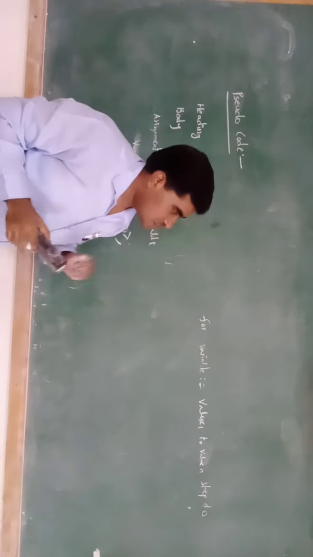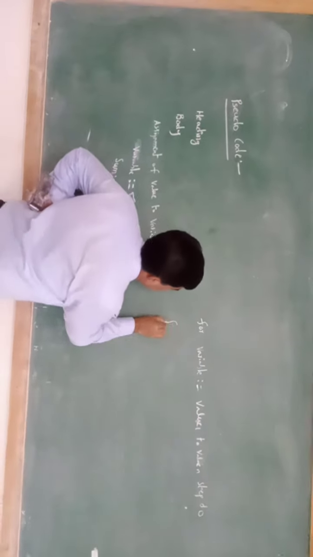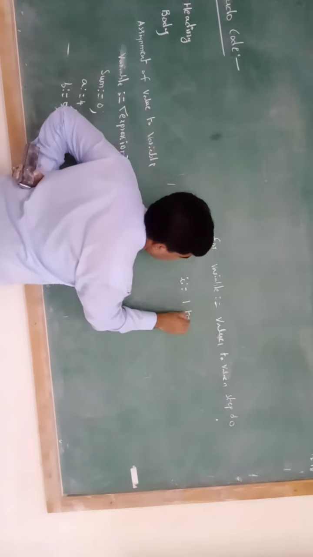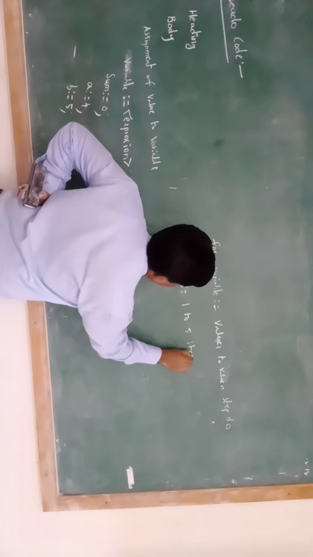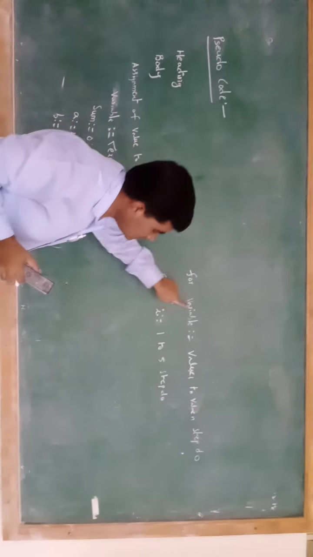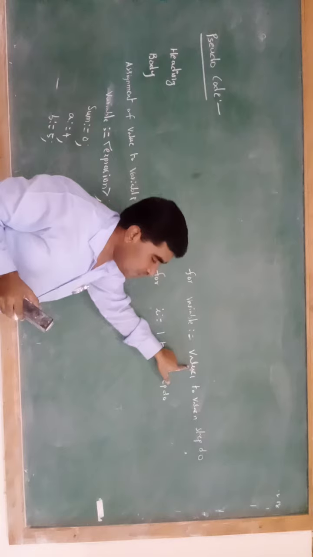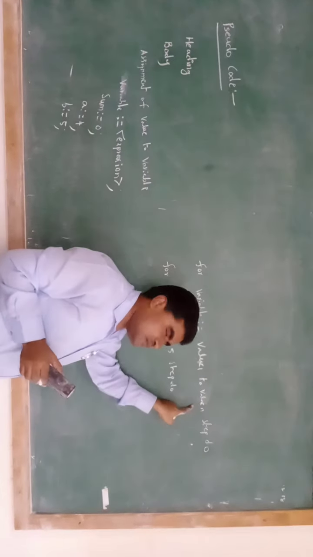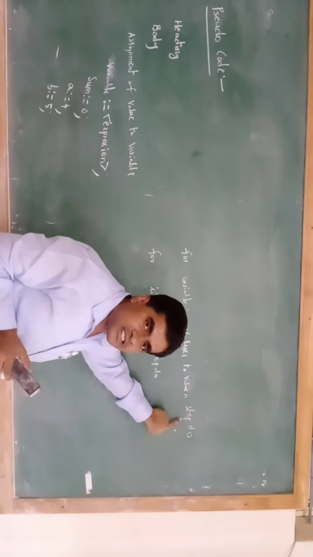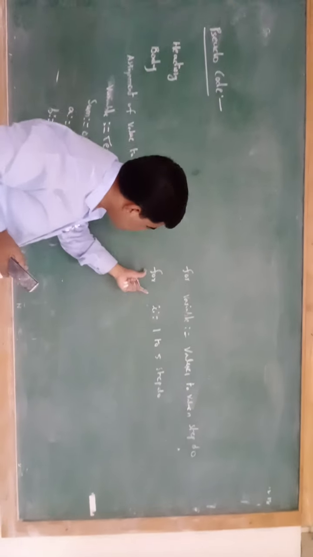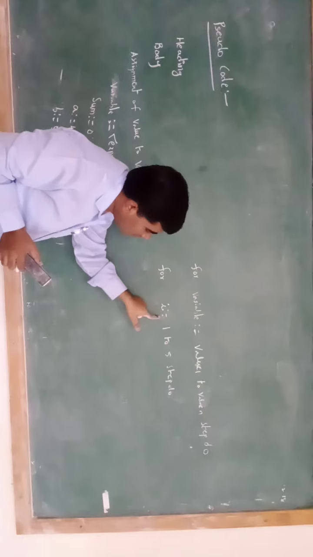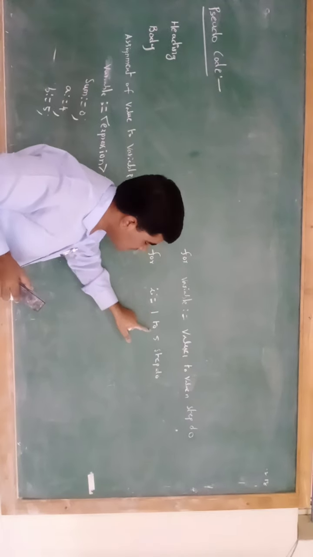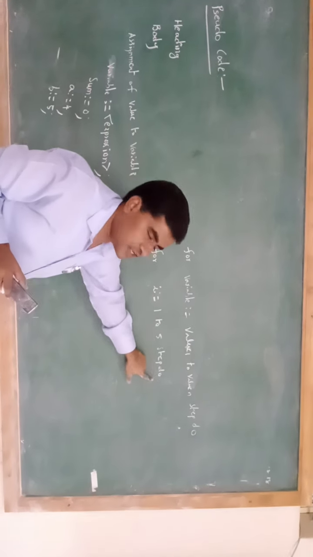Suppose you want to write the values for I := 1 to 5 step 2. Here the variable is I, value 1 indicates the initial condition, value n indicates the termination condition, and step indicates the incremental value. So for I := 1 to 5 step 2, the initial value is 1 and it ends at 5, with step 2.